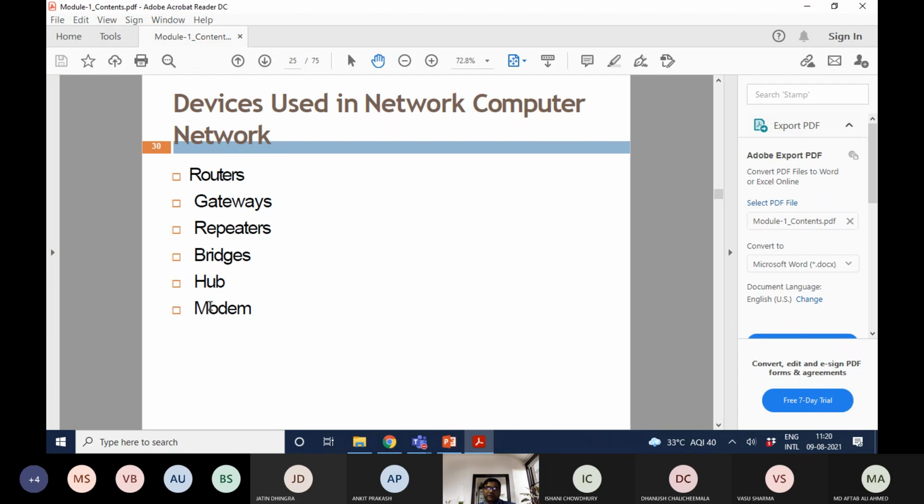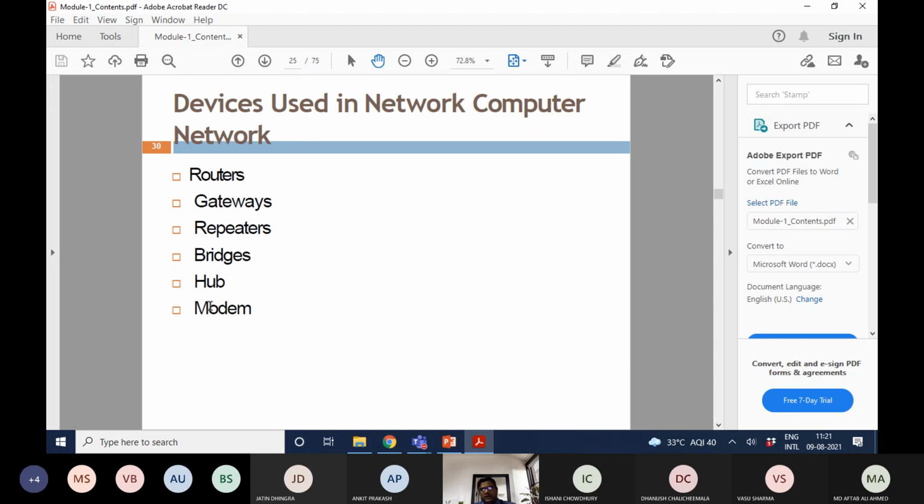Okay, and whenever we connect to the internet at our home, we get a modem. All of you must have heard about this modem concept, maybe somewhere that we have a modem in our house. That modem is a modulation and demodulation device.